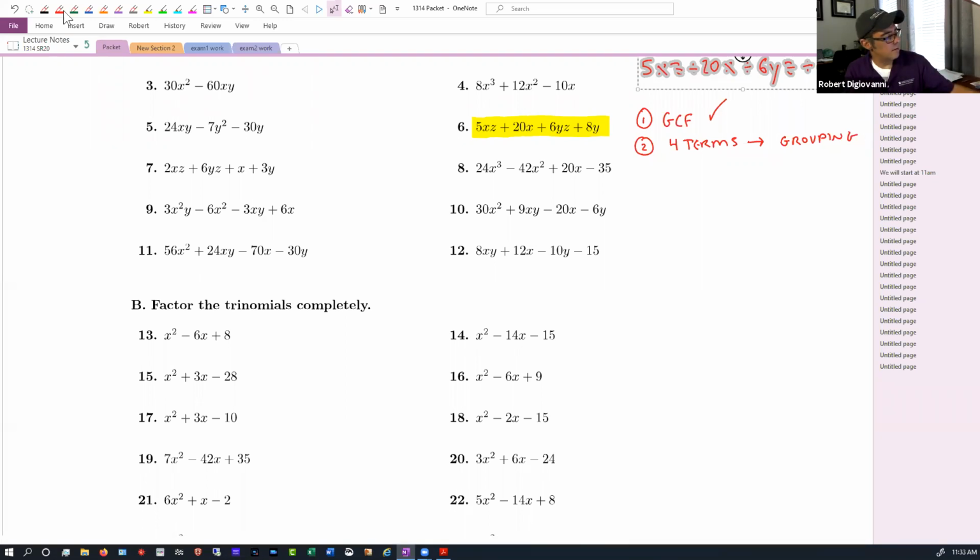Let's do number 12 here. This one here. So we're going to have 8xy plus 12x minus 10y minus 15.